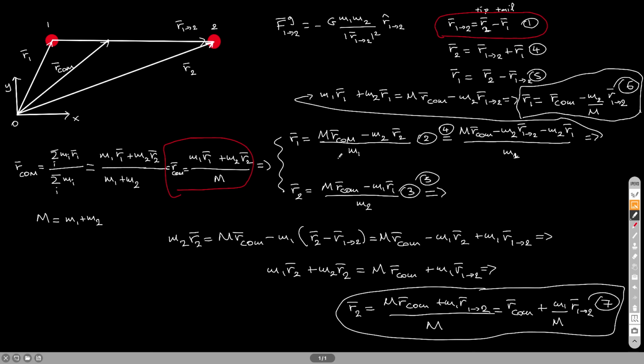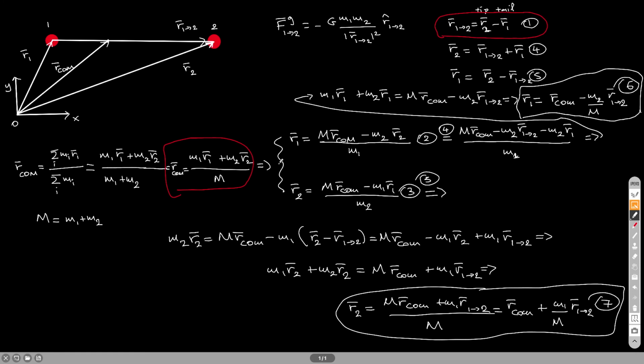All of the work that I did here was to flip those relationships and have r1 on the left side, r2 on the left side, and the position of the center of mass and the relative position vector on the right side, both here and here. And these are the two equations 6 and 7. r1, r2, and if you see on the right side, I have r of the center of mass and the relative position vector in both of these. So I just did some work to rearrange those two equations really.